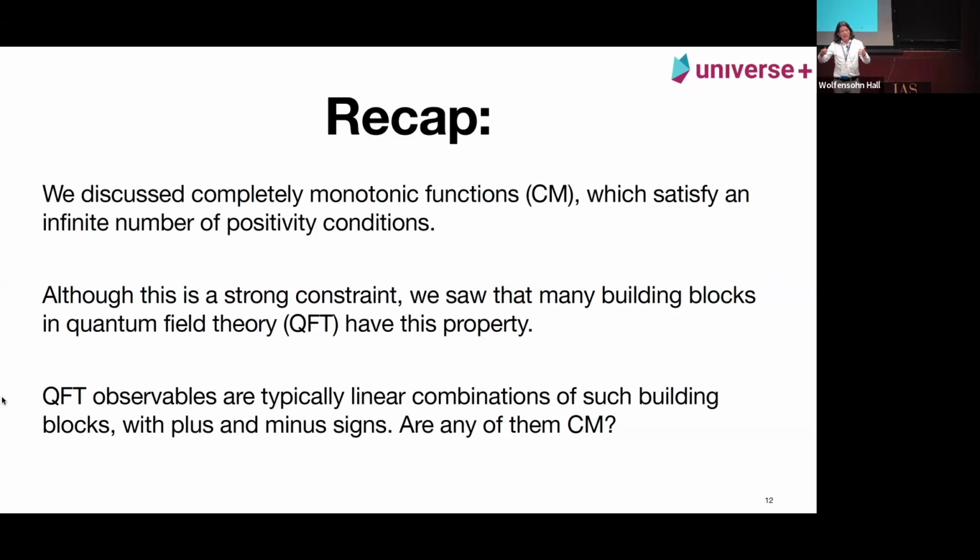Now I'd like to go back to the very first example and ask a question: what happens if you combine these building blocks? Typically, we'll not just have scalar integrals, but we have scattering amplitudes or observables that we're interested in. There are linear combinations which may have plus and minus signs. So these wonderful positivity properties could easily get lost. So let's study that in more detail.